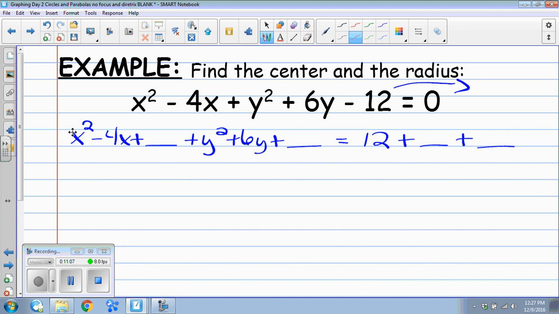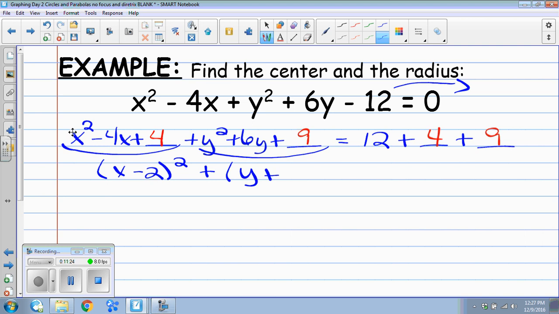So half of 4 is 2, 2 squared is 4, add that to both sides. Half of 6 is 3, 3 squared is 9, add that to both sides. So write that as a binomial, so it's x minus 2 squared plus y plus 3 squared equals 25.